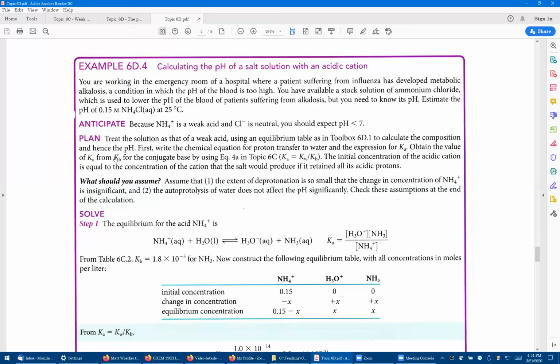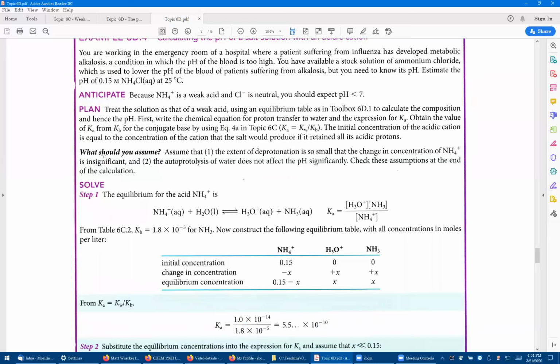So you can approach this exactly the same way that we did for a weak acid that was intact, the acetic acid, let's say. Treat the solution as that of a weak acid using an equilibrium table, just like we talked about before. So the reaction involved then for the ammonium ion is this one. Here's the ammonium ion, and unlike the case with ammonia giving ammonium ion, the ammonium ion here does not come from ammonia.